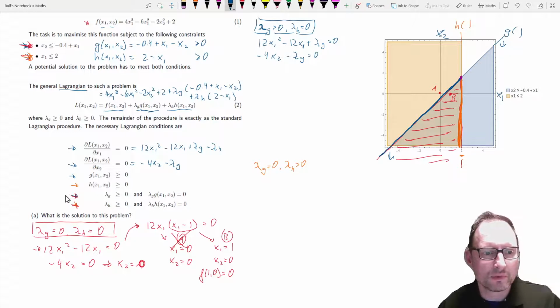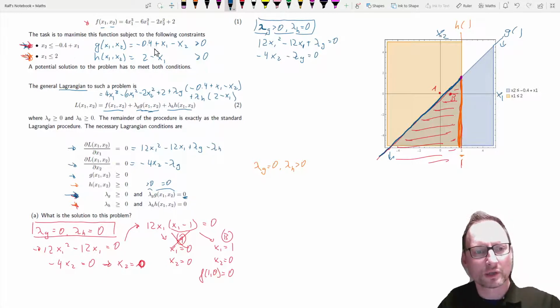We need a third equation. That's where we use the complementary slackness condition. If lambda G is larger than 0, then the G function has to be equal to 0 for the product of the 2 to be equal to 0.